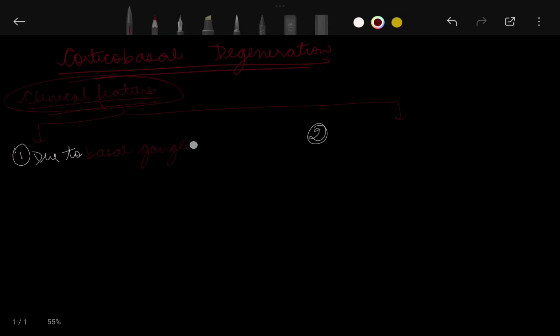It can be either due to basal ganglia degeneration or due to cortical degeneration. And due to basal ganglia degeneration, we can learn the symptoms from over here.